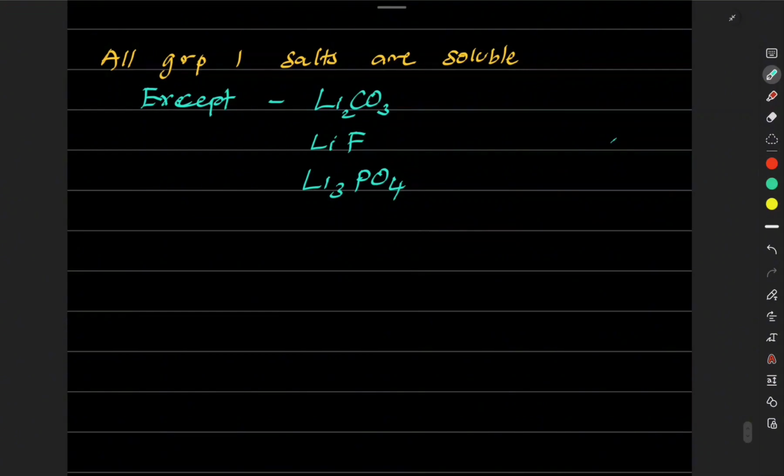And solubility can be explained using the Gibbs free energy.